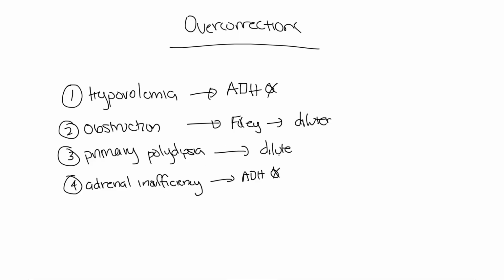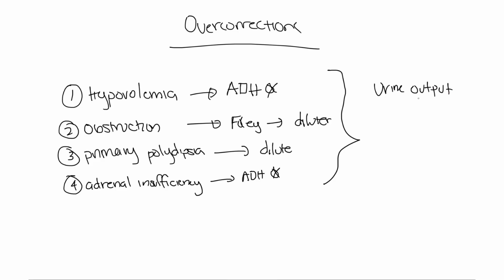In these 4 situations, there's really 2 strategies here. One is just go ahead and put them on 3% saline from the get-go plus DDAVP. The second approach is be reactive. Watch the urine output very closely.